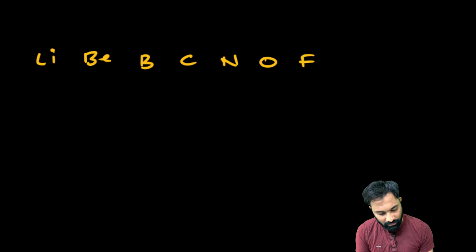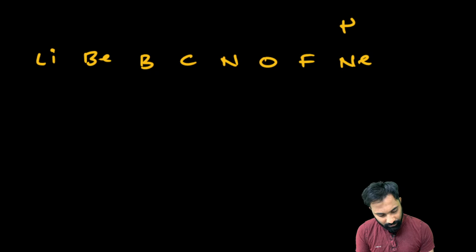Whatever atom or element they may give, how do we easily identify its oxidation number? Here, first we'll write the second period elements. What are the second period elements we have? Lithium, beryllium, boron, carbon, nitrogen, oxygen, fluorine, and neon.